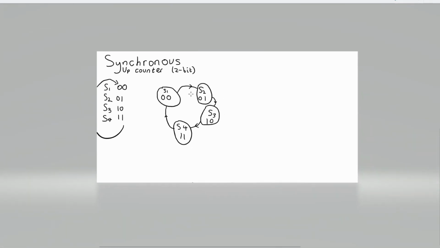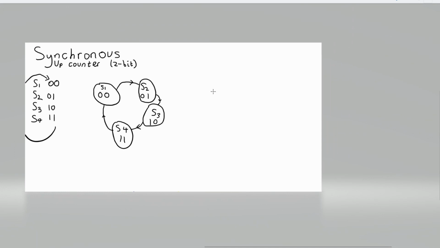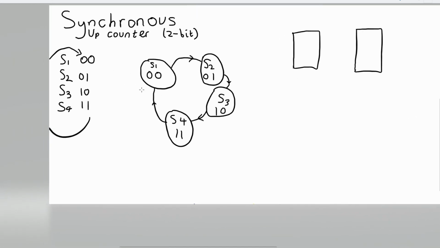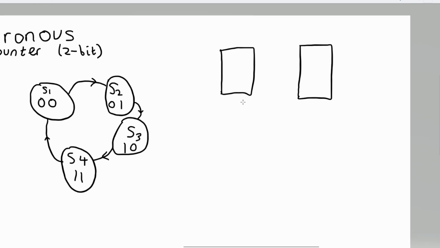So now we have the state diagram. Now let's just draw our circuit before we've done any sort of calculations. And when I say calculations, I mean we're going to calculate the logic in a minute to make it so that this circuit does what we ask it to.